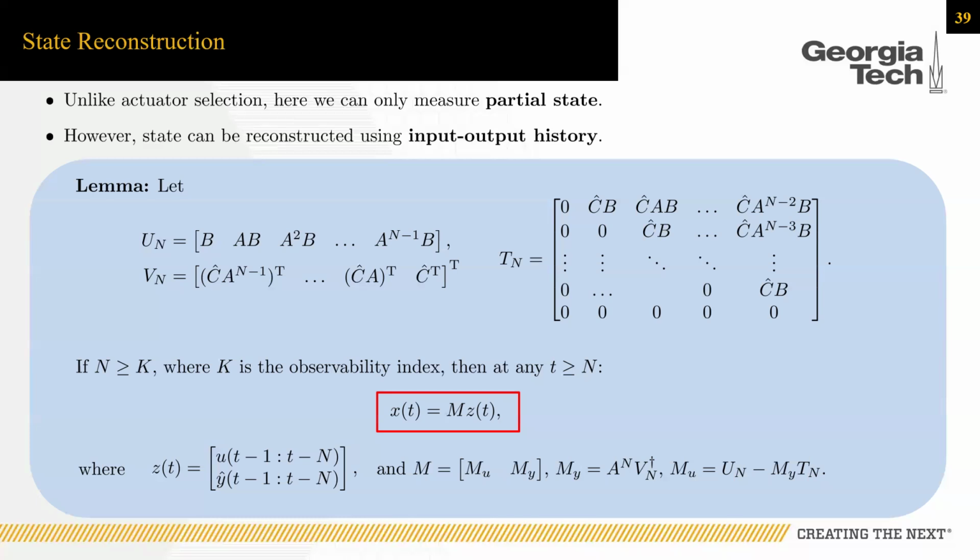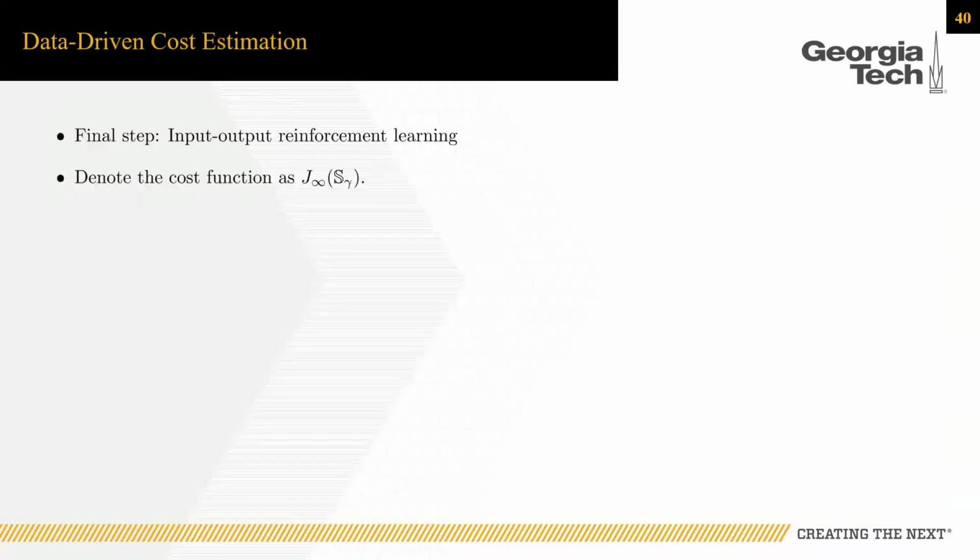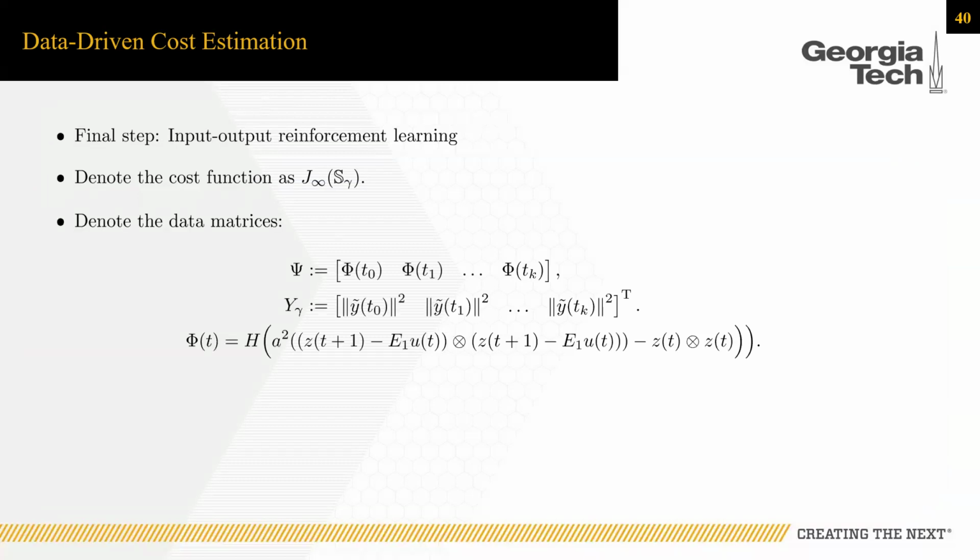So keep this in mind, and let's see how we can use input-output reinforcement learning to learn and do sensor selection in real time by using input-output data. Again, as I told you before, what I know and what I can measure, I put into my basis function.